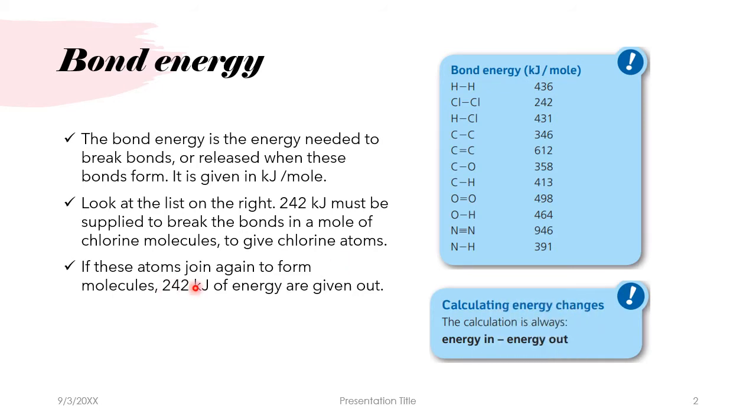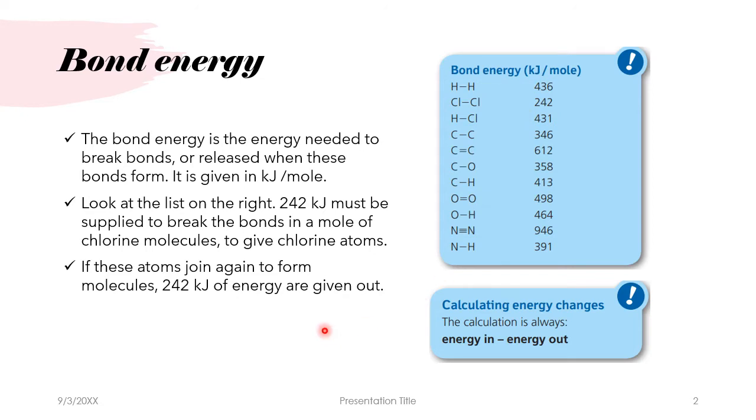If these atoms join again to form molecules, 242 kilojoule of energy is given out. So if you want to break the bond, kita akan absorb 242 kilojoule energy. But kalau the chlorine tu dia nak combine balik menjadi chlorine molecule, they need to give out 242 kilojoule energy. Macam itulah guna dia kan.